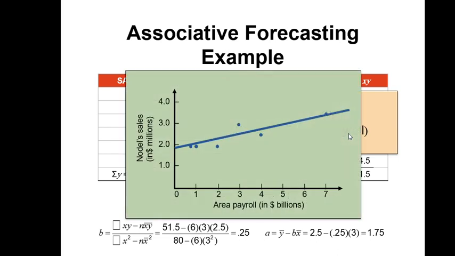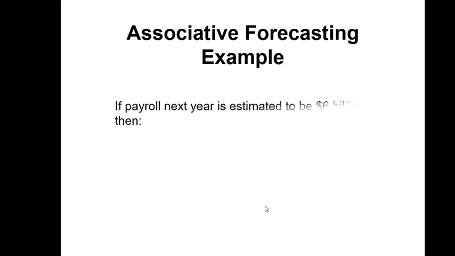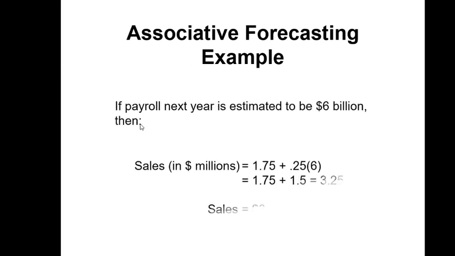Let's look at our graph here. Those points are the actual values, and the forecasted value will be on the trend line itself. If barrel next year is estimated to be 6 billion, then substitute here 6. We know already the value of A and the value of B.